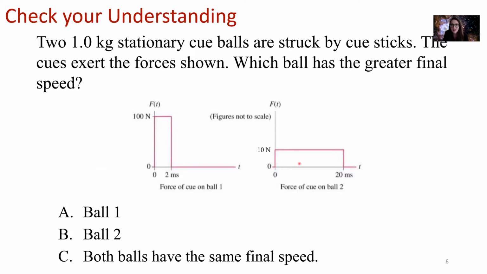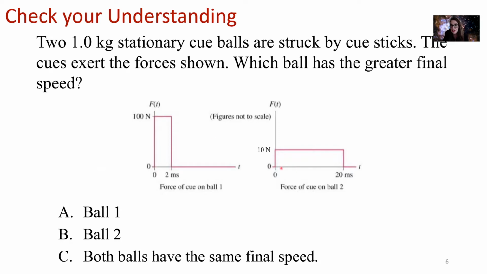And then over here, we have our second billiard ball. It's being struck by a pool stick. The duration of that collision is 20 milliseconds, but the force applied is only 10 newtons. So in this first one, the collision happened over 2 milliseconds, and the force applied was 100 newtons for that whole time.